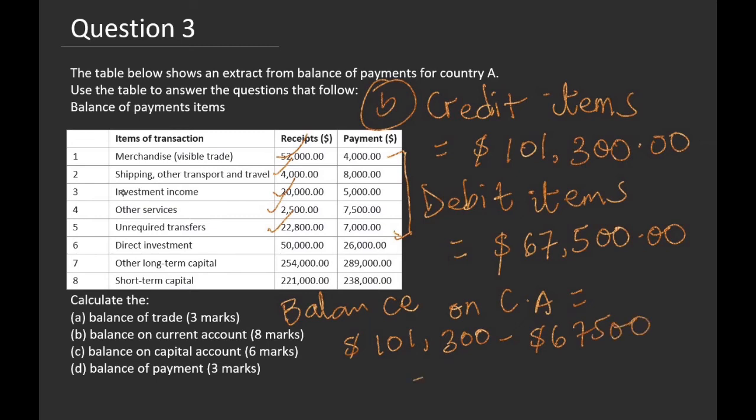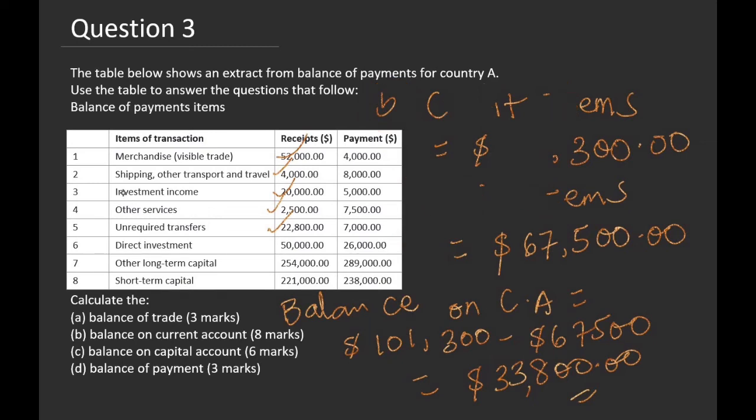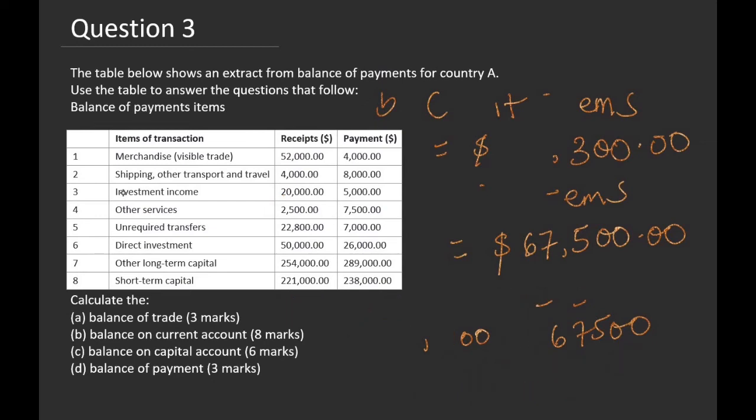This will give me 33,800. No kobo. That's the answer. Take note of this. Like I said, you can always rewind the video a bit and ensure you understand everything.